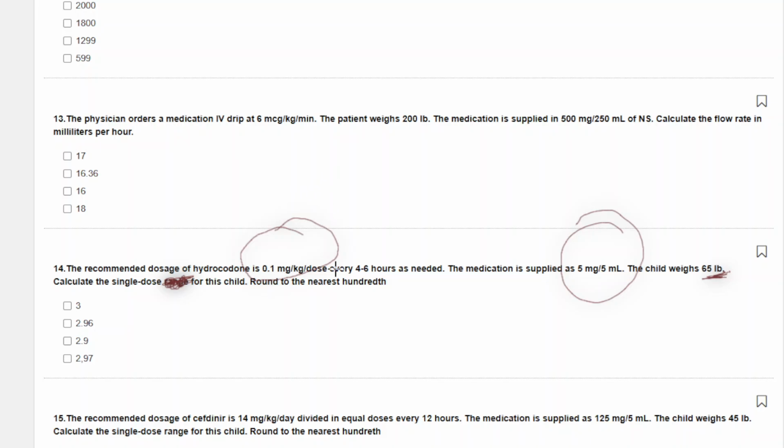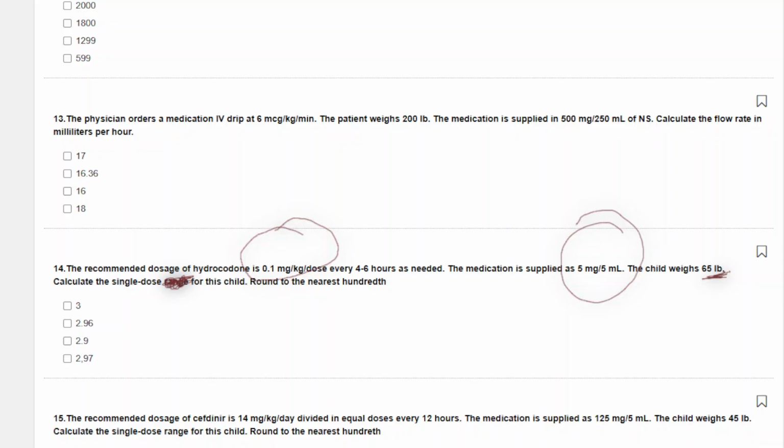They say round to the nearest hundredth. So let's go back there. We're going to get 65 divided by 2.2.